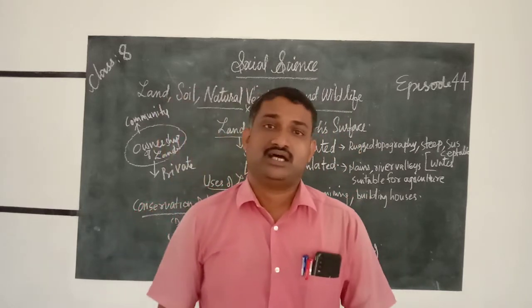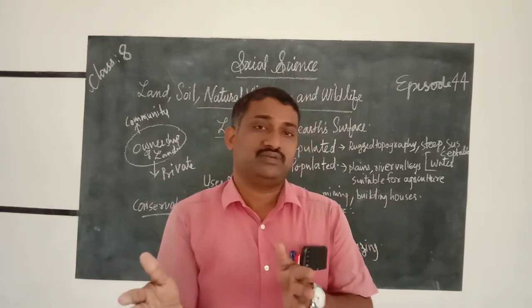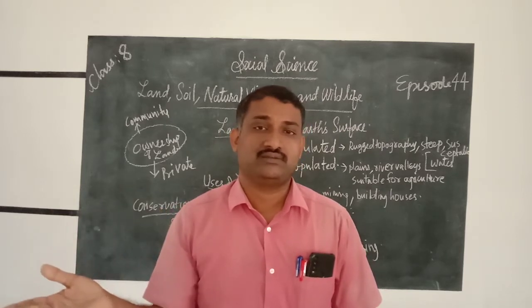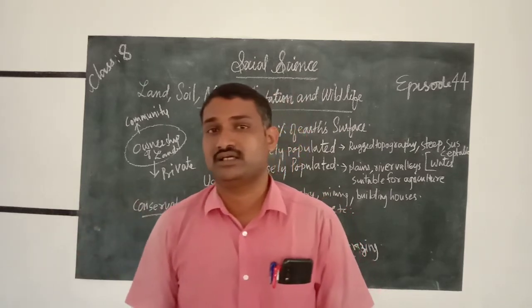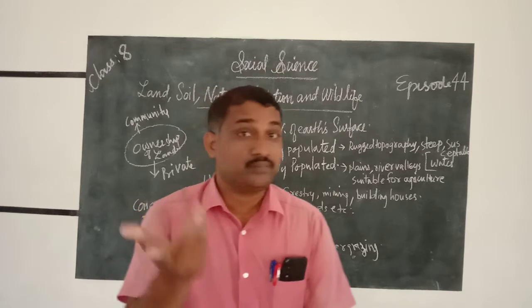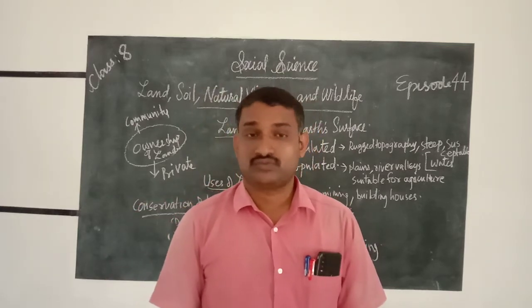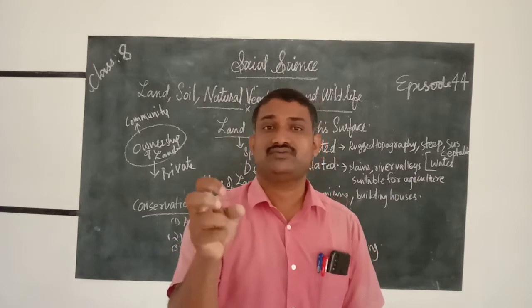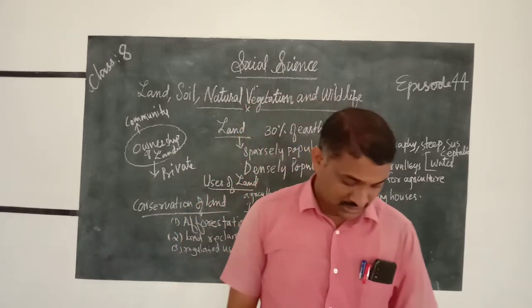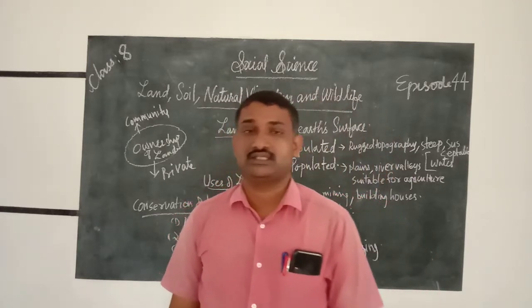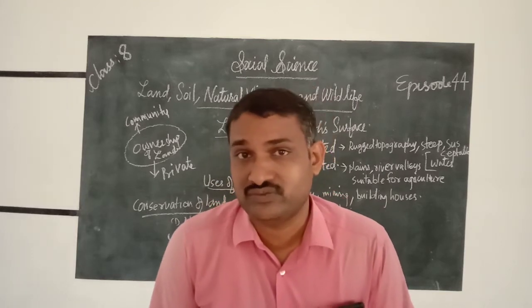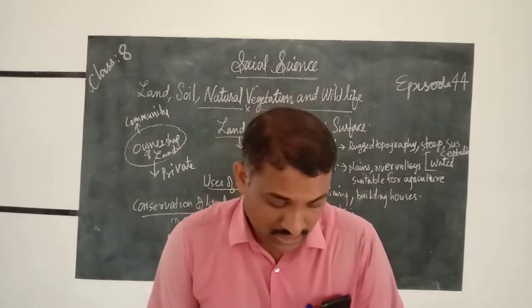Intercropping means that with one crop another crop is cultivated. Multicropping is also useful. Multicropping and intercropping are useful for the prevention of soil erosion. Then shelter belts are also very effective to prevent soil erosion.